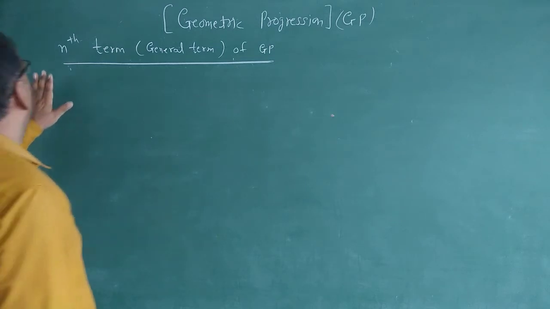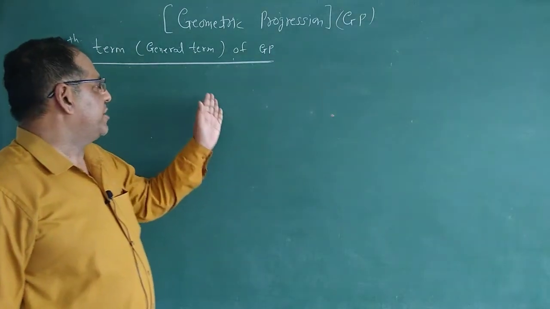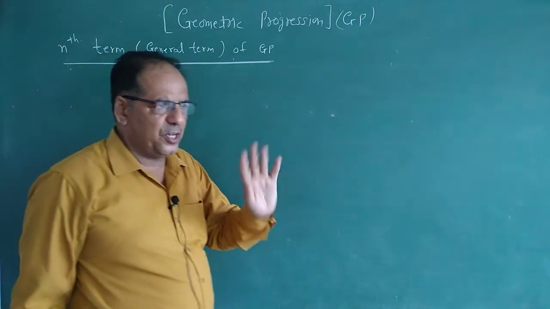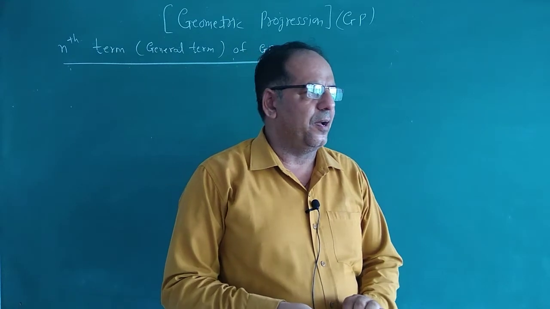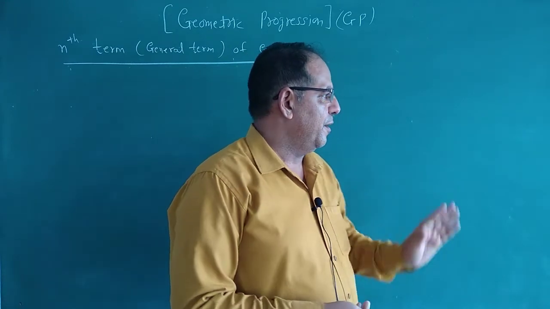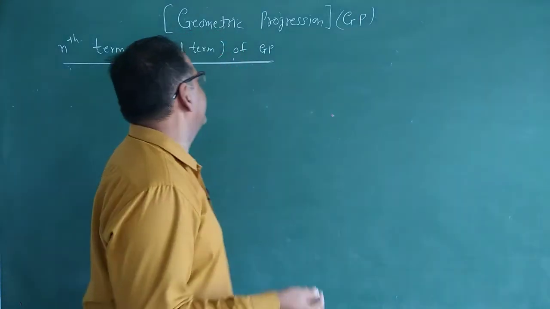Now we discuss the nth term or general term of GP. Suppose that a GP is given and we want to find any term of the GP, so how can we find it?